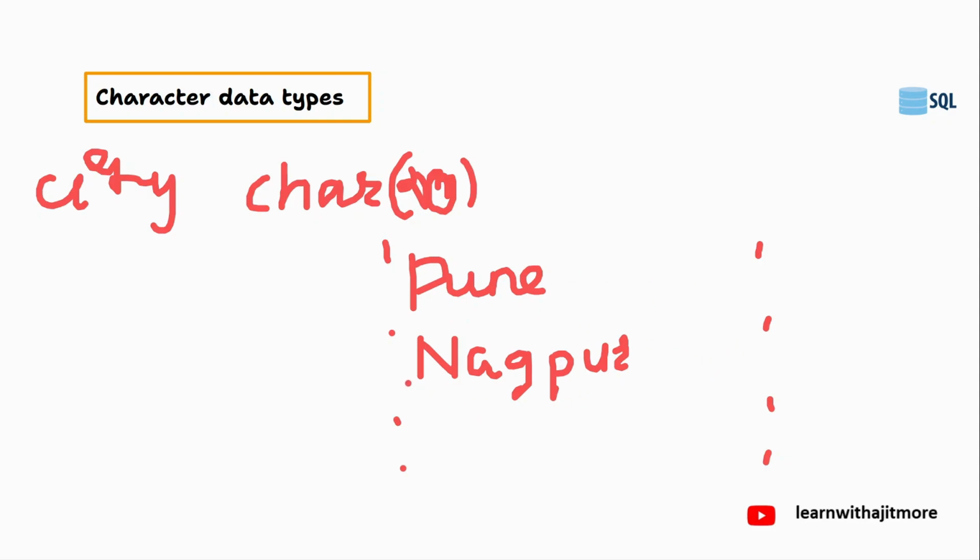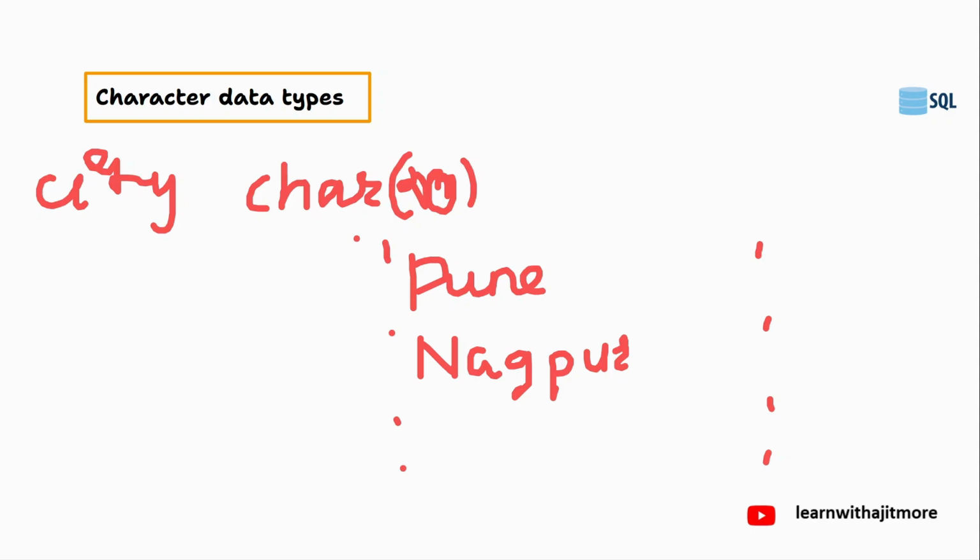Everyone's length is fixed, so while retrieving, to go to the next record, it is easier. It is faster. Why? Because everyone is a fixed size. Only that much size you have to add, and you come to the next record. Add that much, you come to the next record. Understanding? So retrieval of char is faster, but wastage in char can be more. Getting? So generally it is advised.